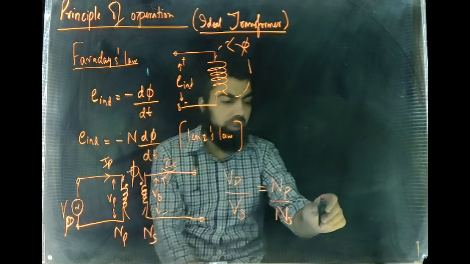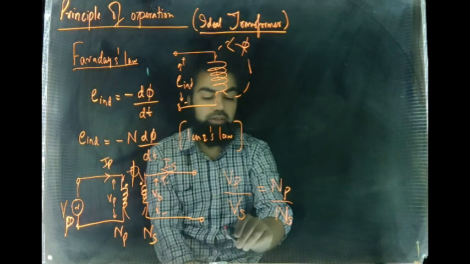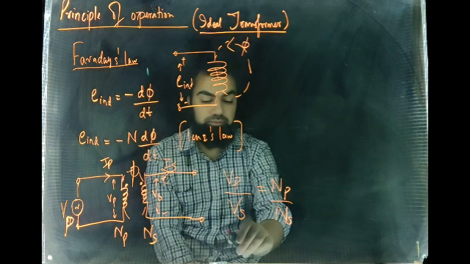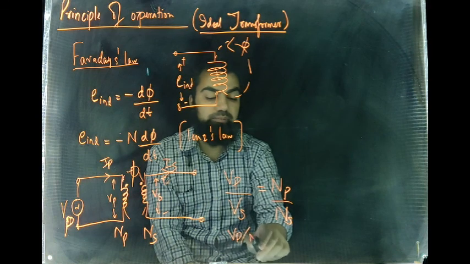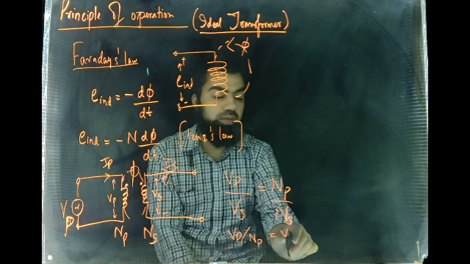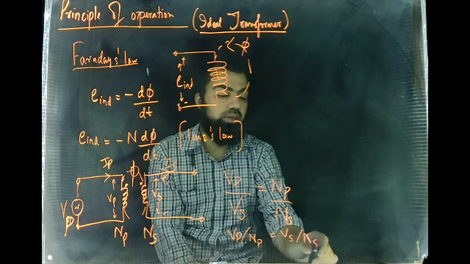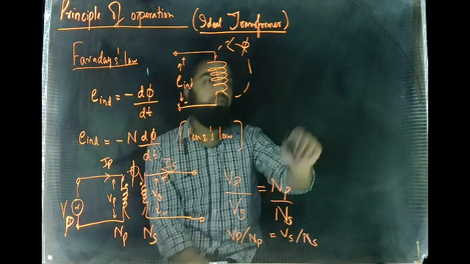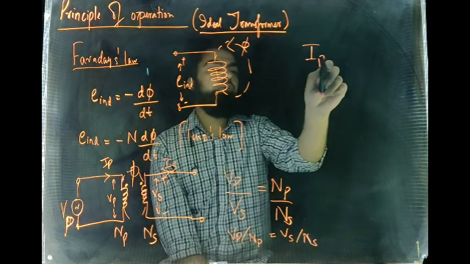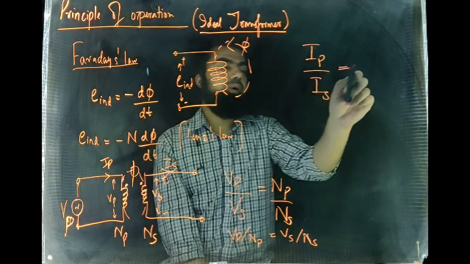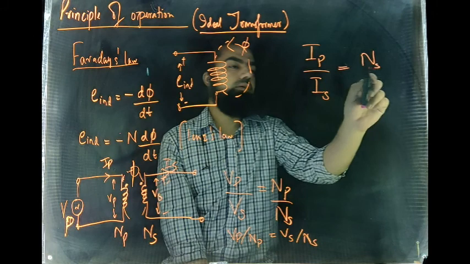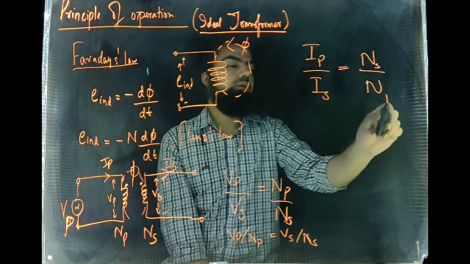Or you can also write this as Vp divided by Np is equal to Vs divided by Ns. This will be the voltage equation. The current equation will be contrary, opposed to this. Ip by Is will be equal to Ns divided by Np.